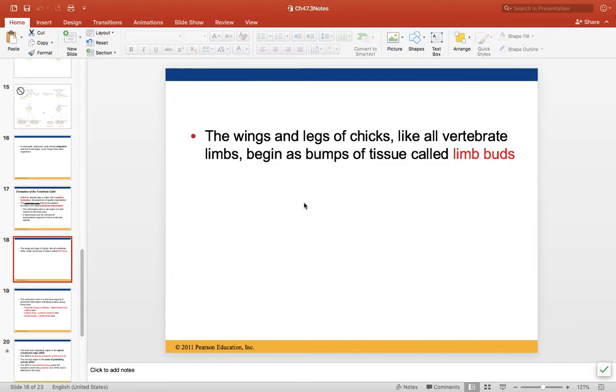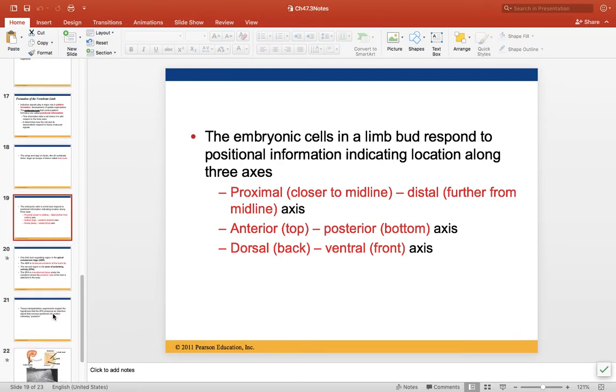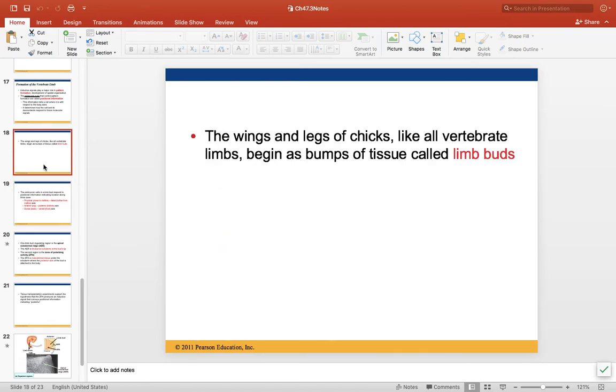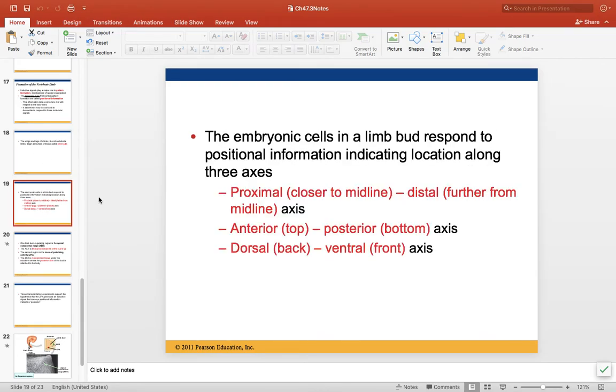The wings and legs of chicks, like all vertebrate limbs, begin as bumps of tissue called limb buds, which we have as well. That's what a limb bud looks like here, that little bump that comes out. The embryonic cells in a limb bud respond to positional information indicating location along three axes.